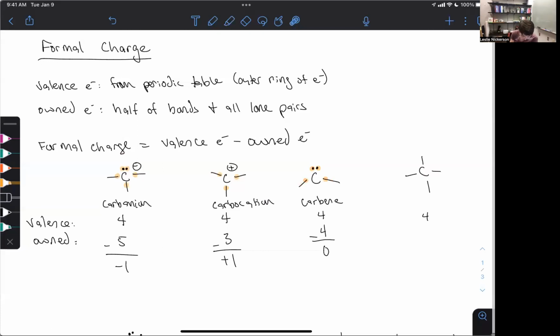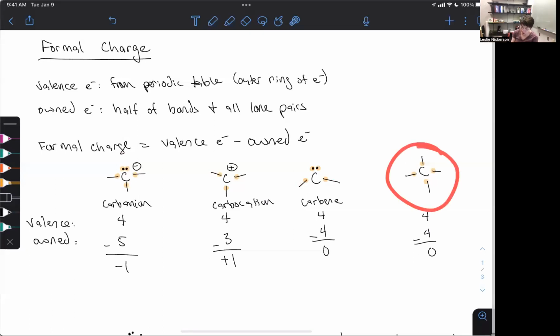Okay, and then our last one, we've got a carbon with 4 bonds on it. So 1, 2, 3, 4 owned electrons from that. So 4 minus 4 is 0. That's just a regular carbon. So anytime you've got a carbon that has 4 bonds on it, you don't need to worry about formal charge, right?